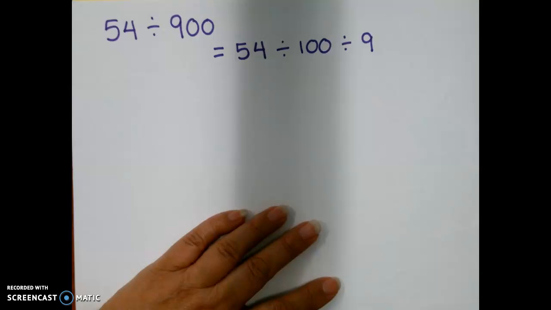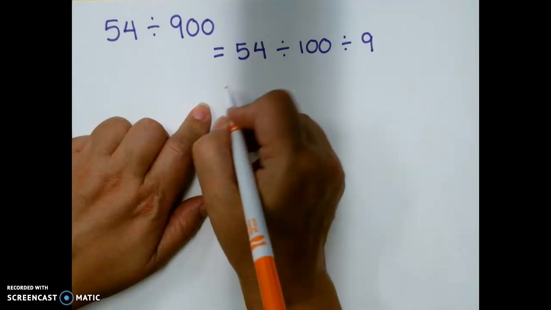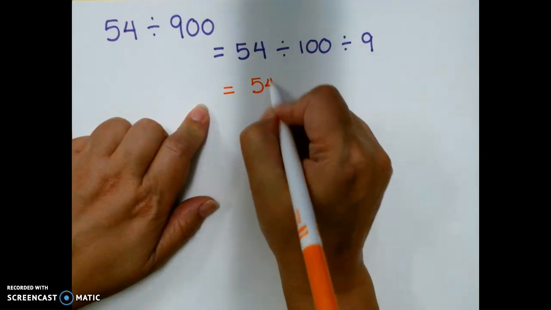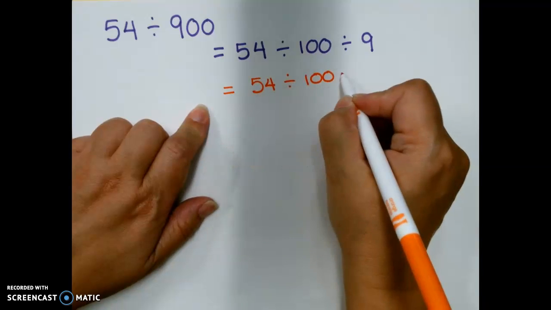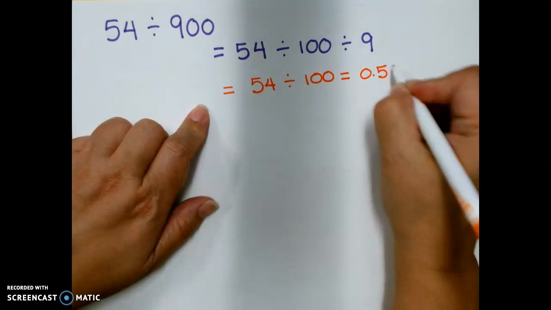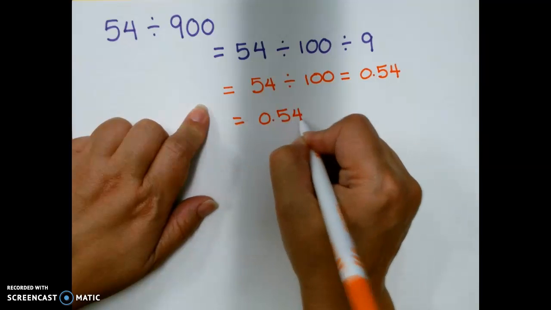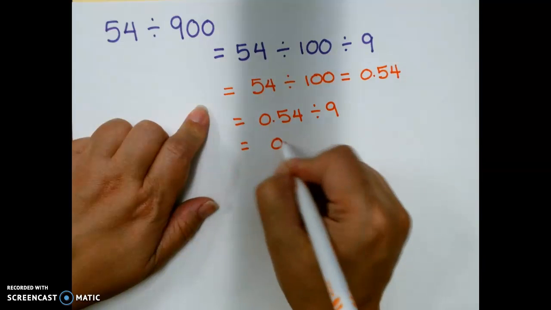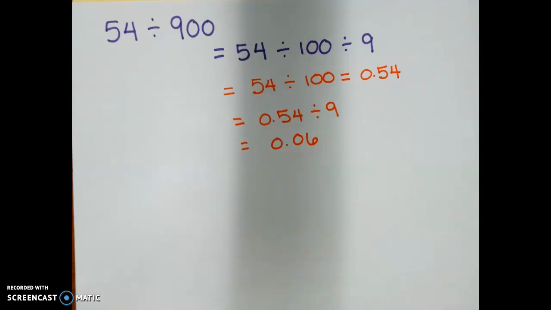Now I have 54 divided by 900. So if I divide 54 by 100, that equals 54 hundredths. And I'm going to divide 54 hundredths by 9, which equals 6 hundredths, just like we did in an earlier problem.